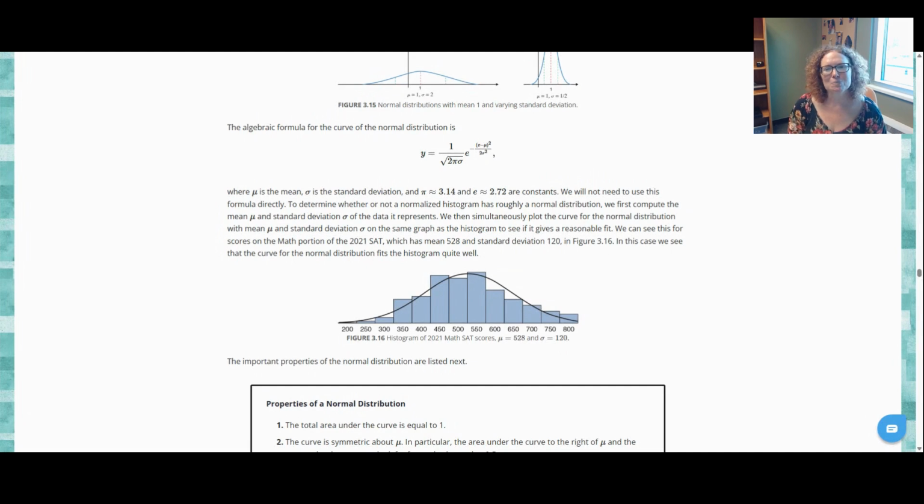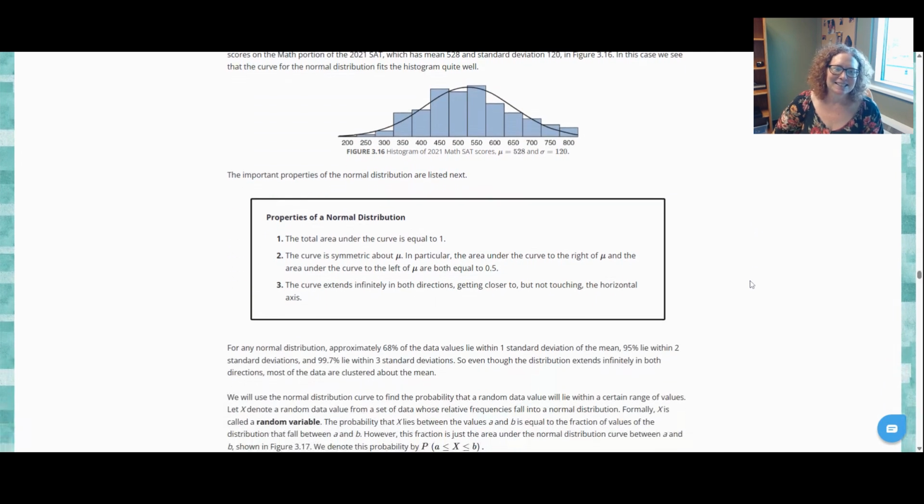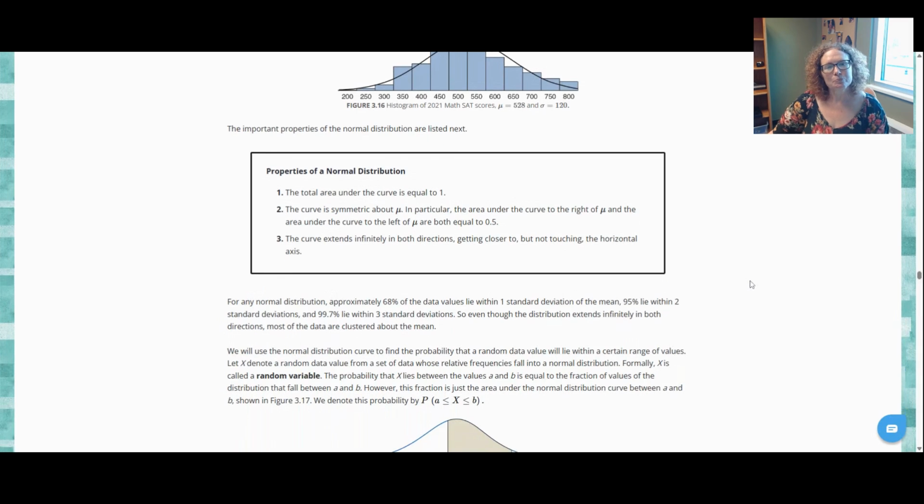We don't specifically use this, but that is what it is. And if you want to work it that way, you could, to see if you can get the right answer, because I know that some of us just love to spend time working on math. I know, I'm teasing.